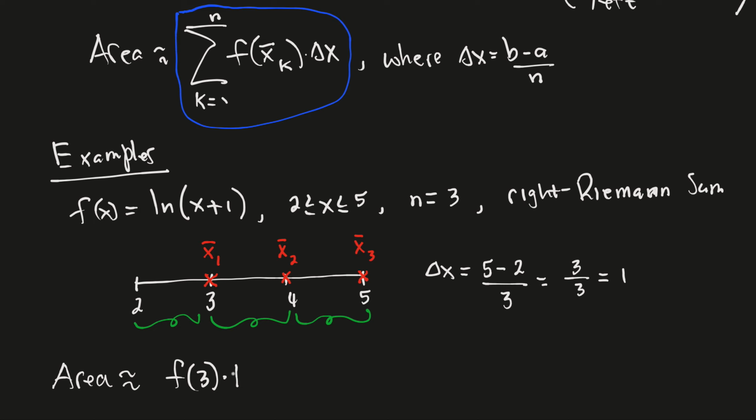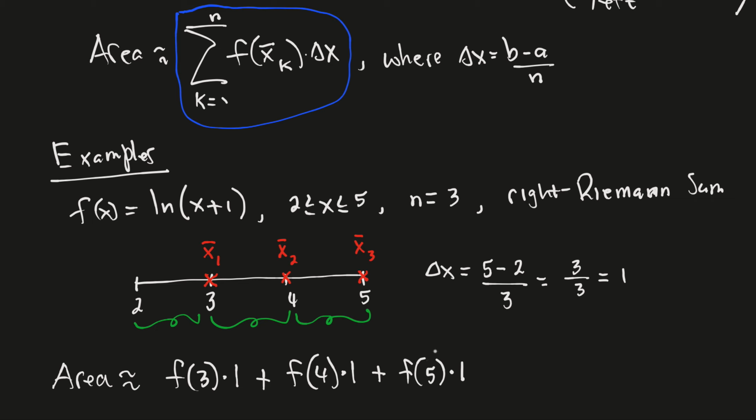And then we repeat this pattern for the remaining x values, and then we do the sum. That's what our sigma here is saying. So it's going to be plus, and then the next x value is 4, so f of 4, again, times 1, that's my delta, and then plus f of 5. This is the final one, and then times delta.